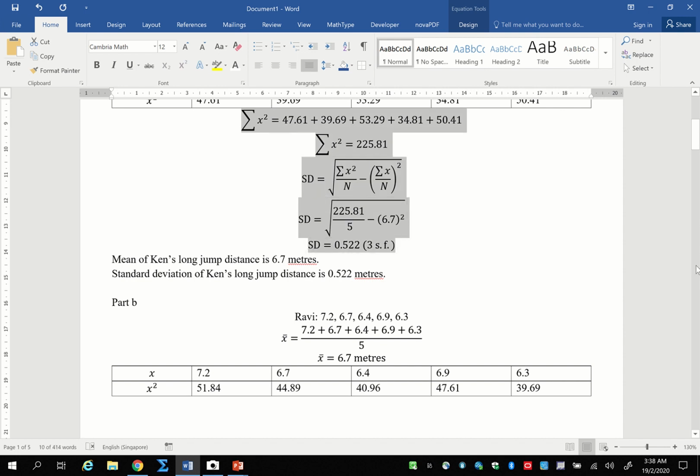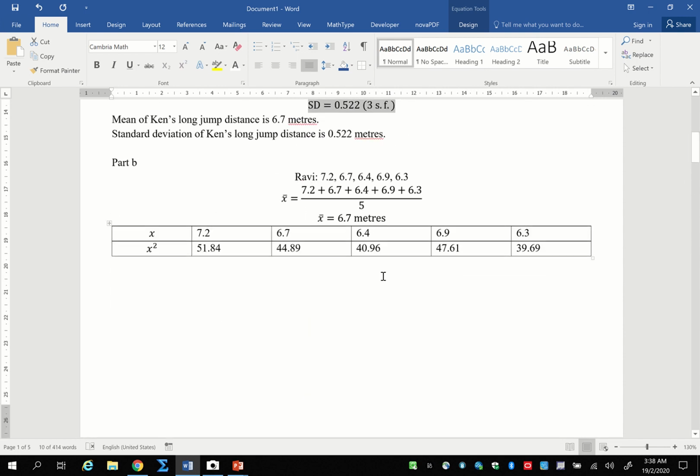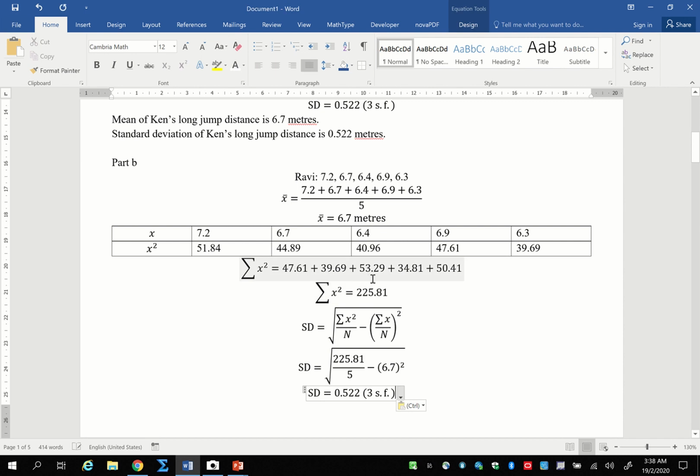Okay, and then we will do the same exact thing as what we did in part A. We will first find the summation of all the x squared. So we will have 51.84 plus 44.89 plus 40.96 plus 47.61 plus 39.69.